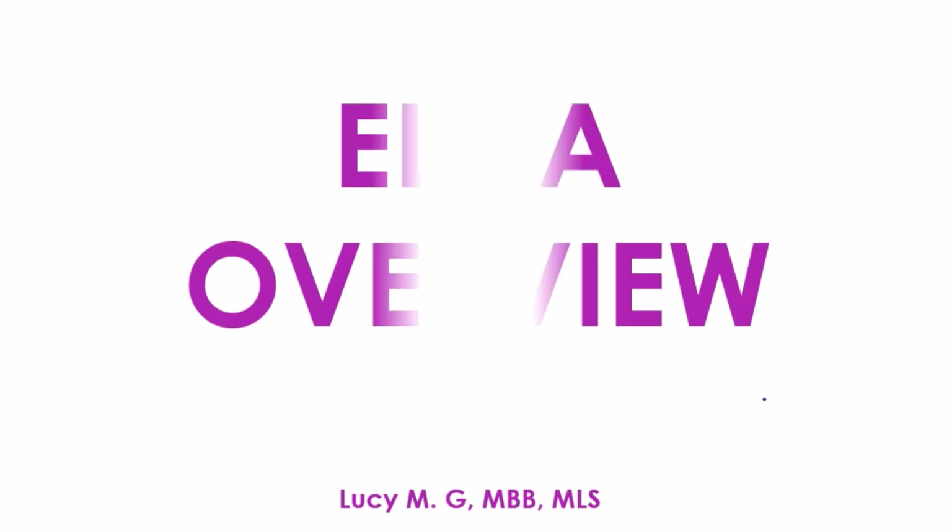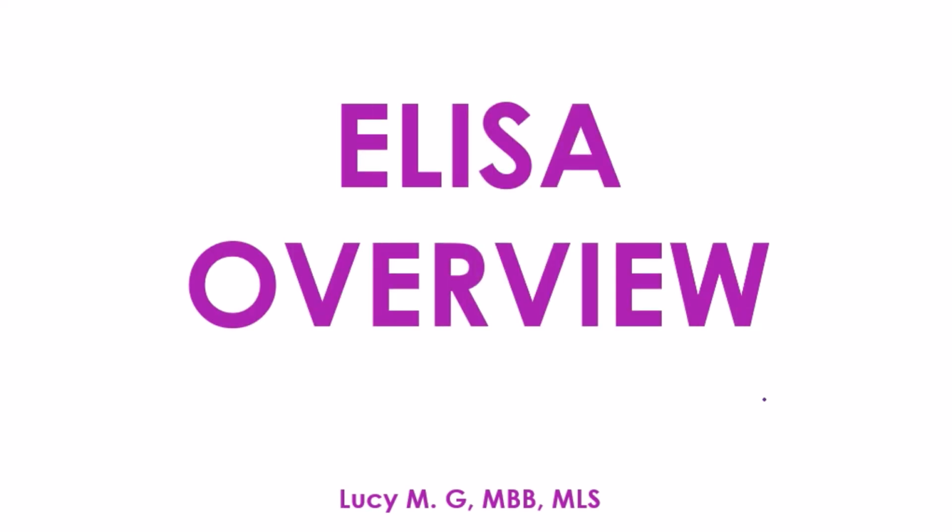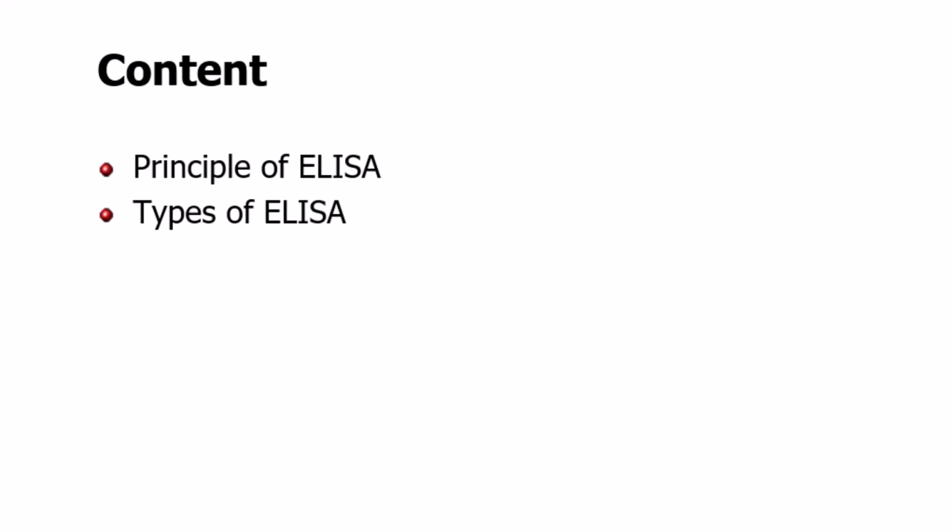Today we'll be looking at ELISA, which is an immunological technique, and our overview is going to comprise the principle of ELISA, the types of ELISA, and a procedure overview, or what I'm calling an ELISA checklist.